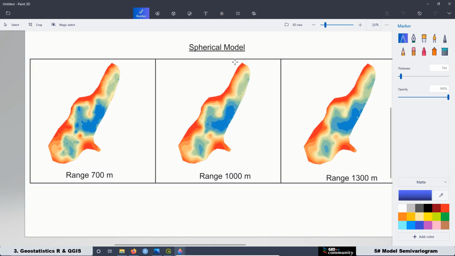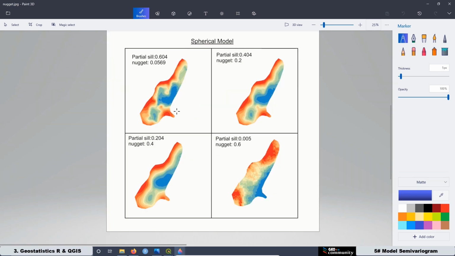At the end, we are going to see how the changes in the range and also in the nugget can affect the structure of our data. As we saw with the last script, we can make some modifications on the range, on the partial sill, on the nugget effect, but these changes have strong implications in our theoretical semivariogram model.